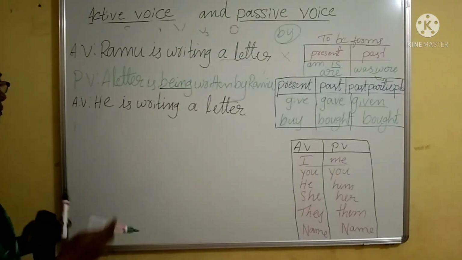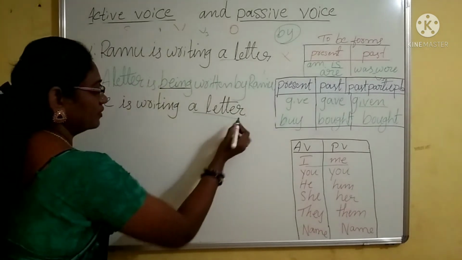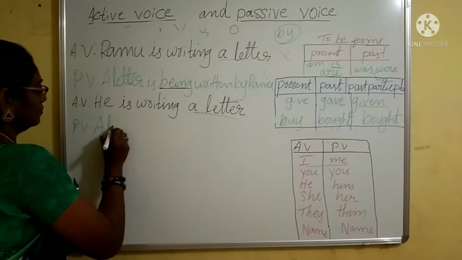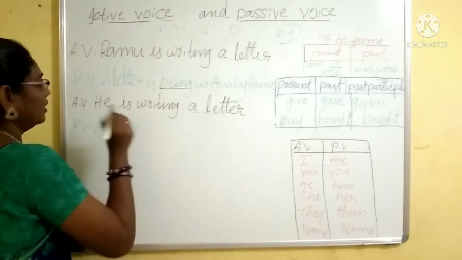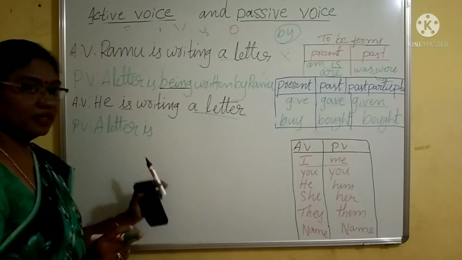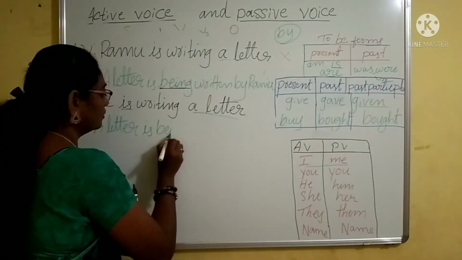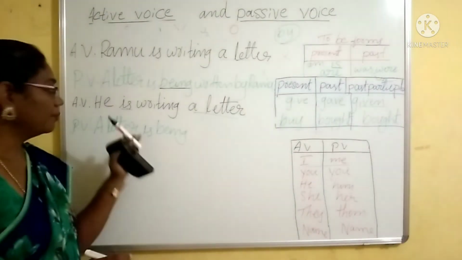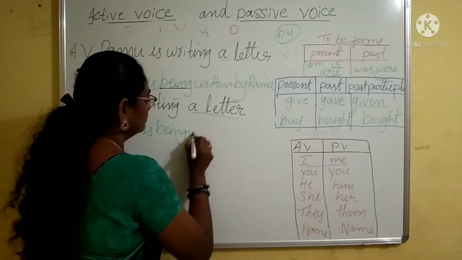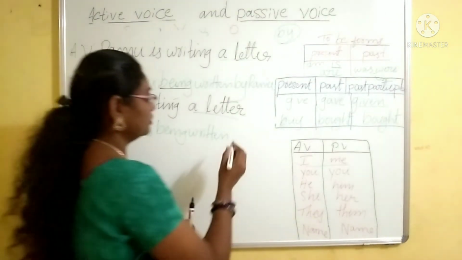Then passive voice: the object, a letter, will be written first. A letter, write it as it is. A letter is, then again being, and V3, by preposition.